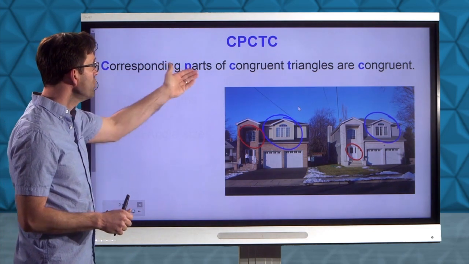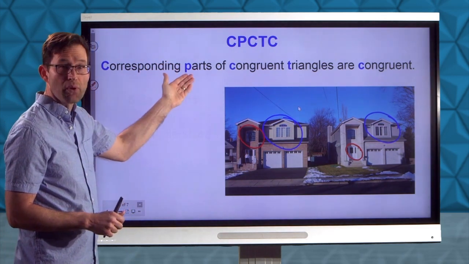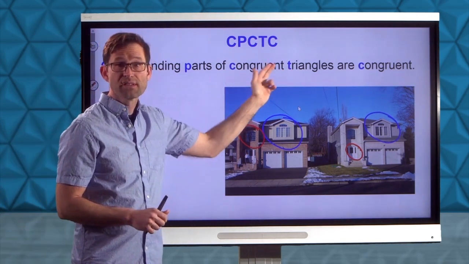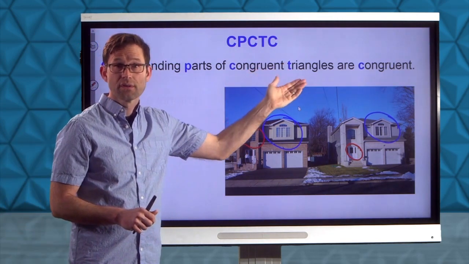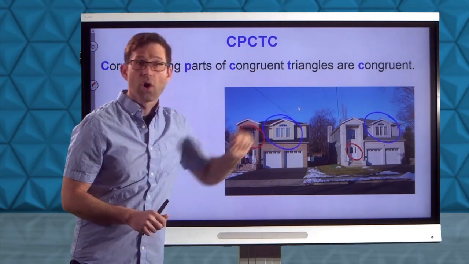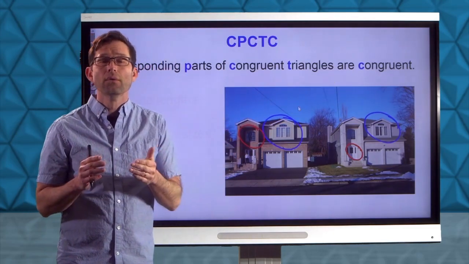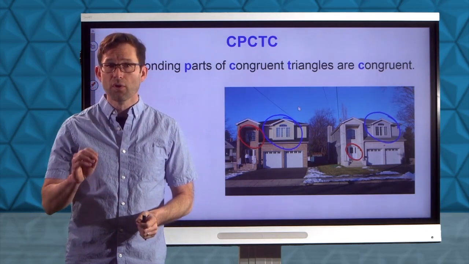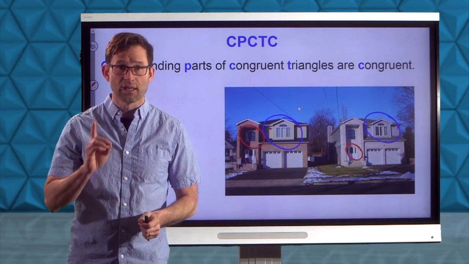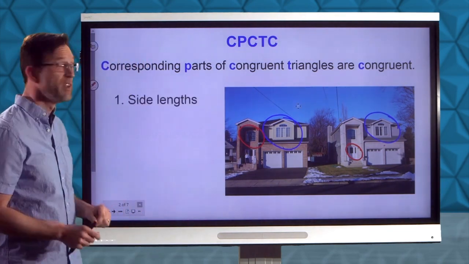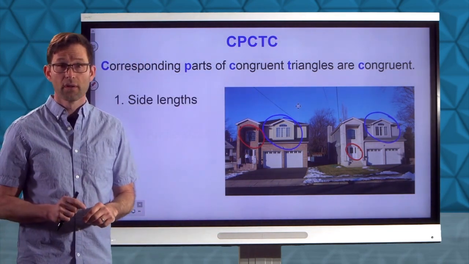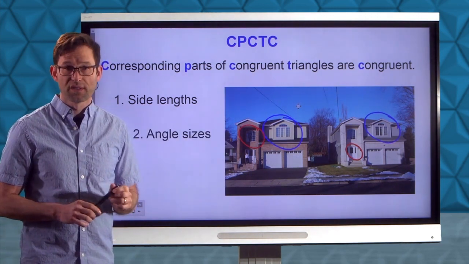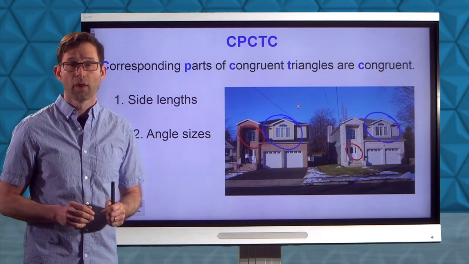So the idea of CPCTC reasoning is actually pretty easy. Things on two geometric objects that are in the same place, those are corresponding parts, of two geometric objects that are identical, like congruent triangles, must also be identical. Now, 100% of the time in this course, when we use the idea of CPCTC, it will either be to prove that two side lengths are congruent, or to prove that two angle sizes are the same, or congruent, okay?